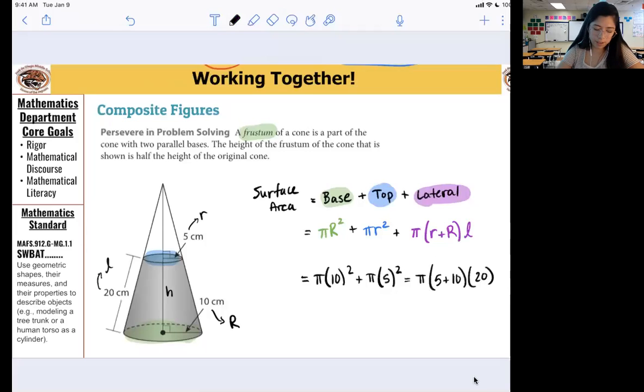Put it all together and let me know what you get in the end. Miss, is that supposed to be equal or is it supposed to be plus? Oh, it's supposed to be plus, I'm sorry.